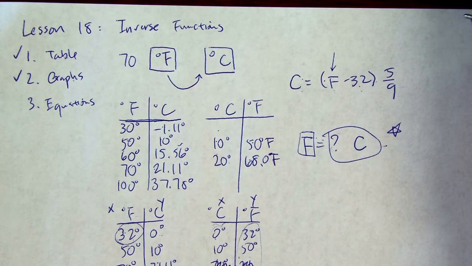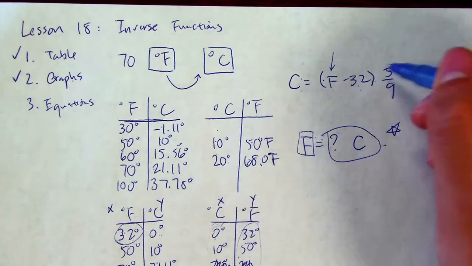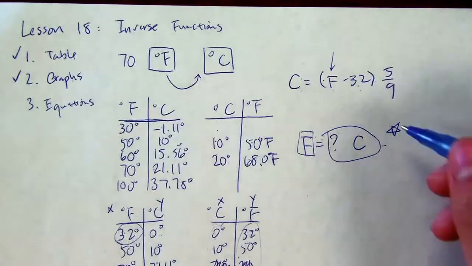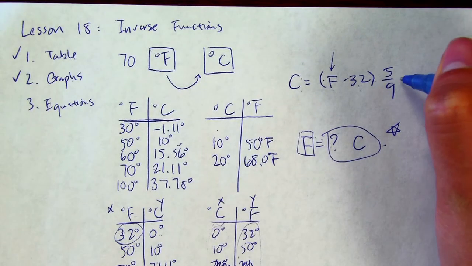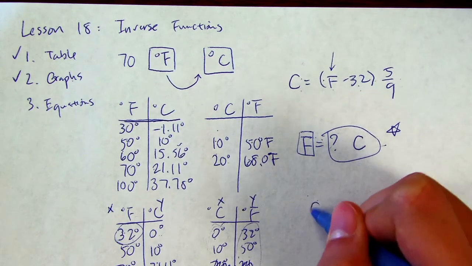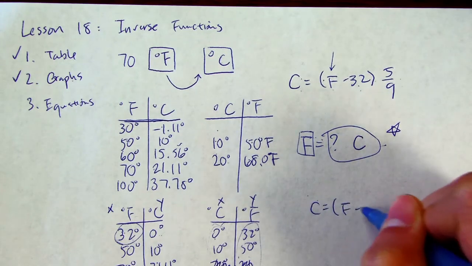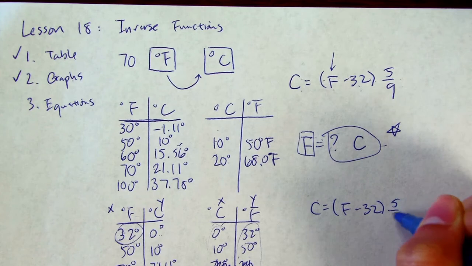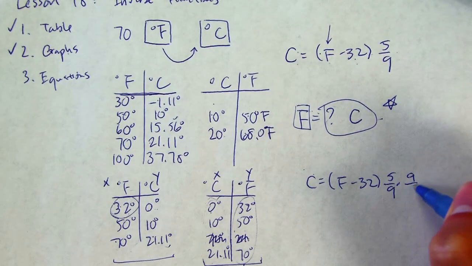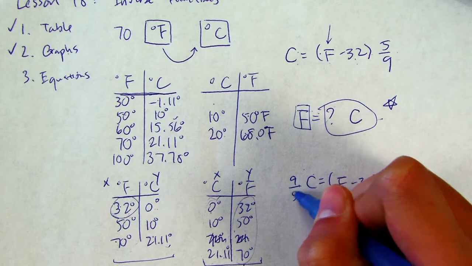So when we solve for F, the first thing is I want to reverse this multiplication. Reversing that multiplication would imply multiplying by the reciprocal. Let me show my work down here so it's a little bit less cluttered. The reciprocal of 5 over 9 is 9 over 5. So I can multiply both sides by 9 over 5.